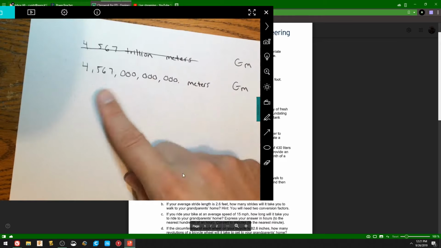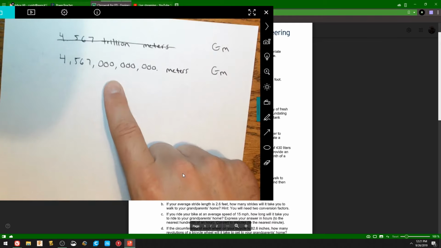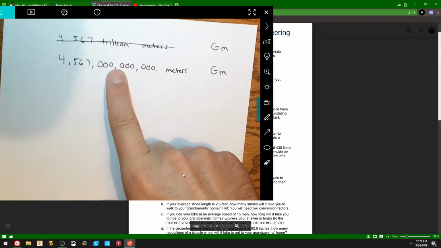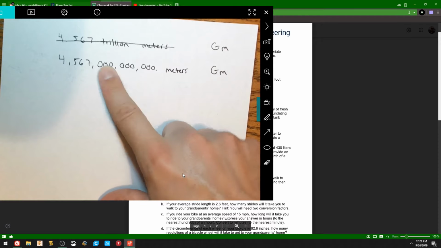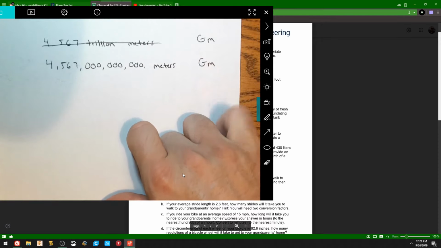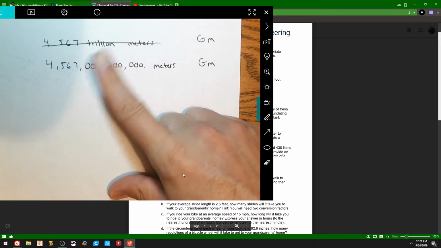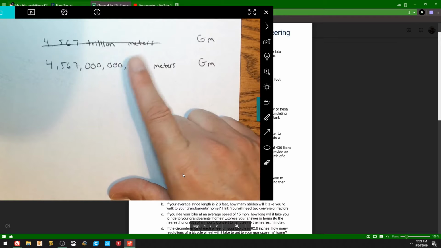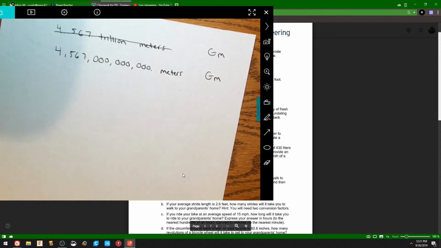That's kind of confusing. You've got double units here, right? They even put it in parentheses. I would put the trillion as a real number and then make it meters, because now all we have to do is move the decimal place however many powers the gigameters is. Does that make sense? Okay, so just be aware of that. There's another one that says billion meters or something like that. Make sure you put it as a full number first before you start converting.